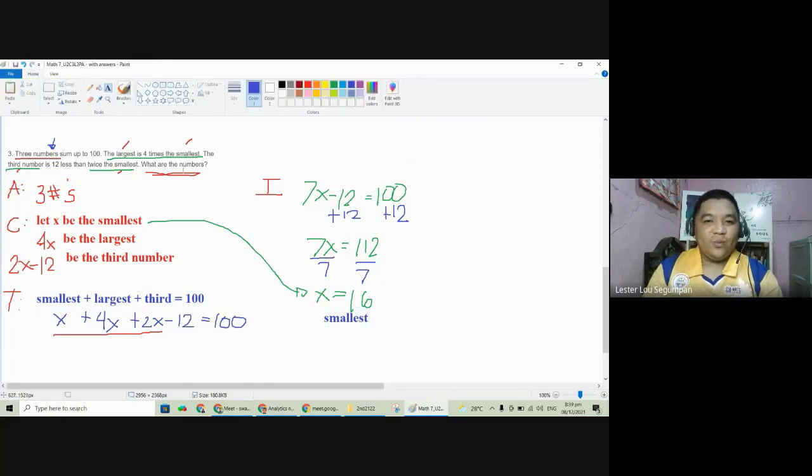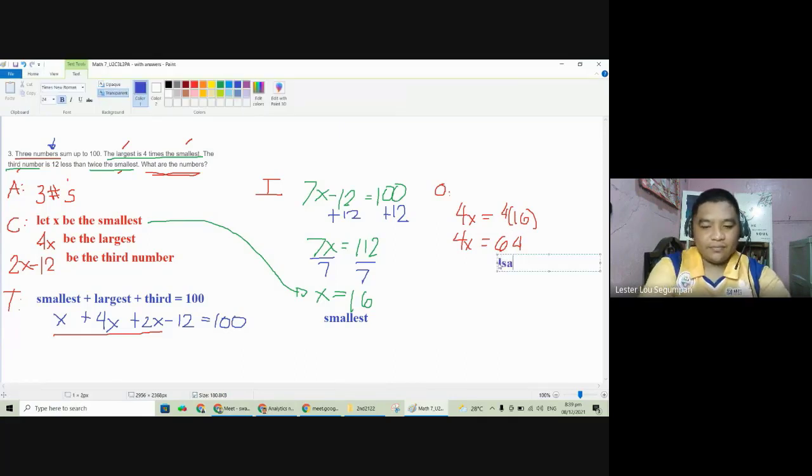With this value, we could continue to step O, stands for overplay, as we solve the other two numbers since we are asked about the three numbers here. So with x as 16 to be the smallest, the largest is given to be 4x. This is actually 4 times 16, which is the smallest, and then we get 4x to be 64. And this is the value again of the largest number.